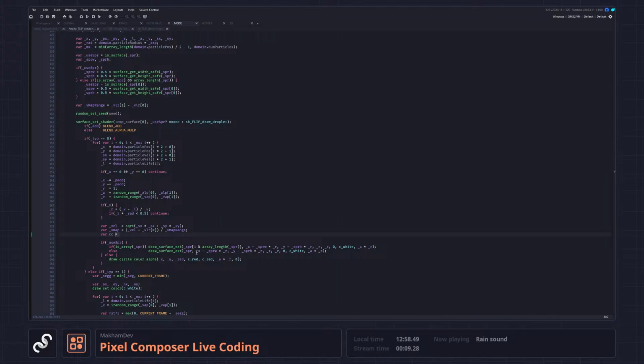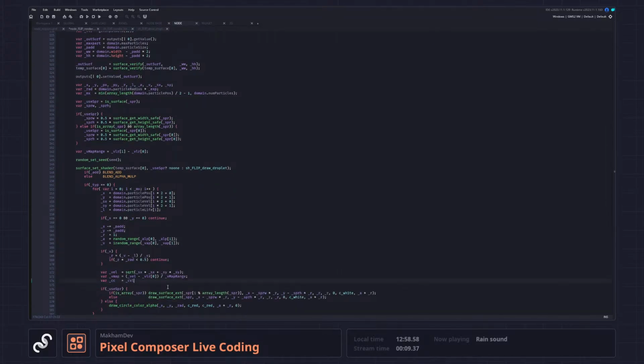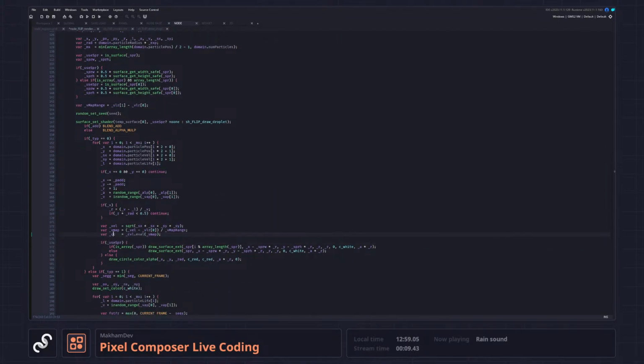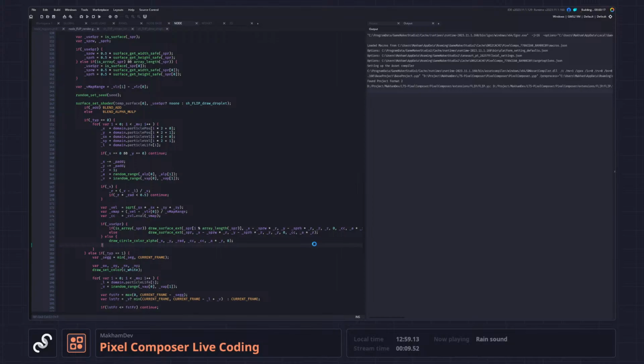I see. The color here would equal CVL evaluate at V map. Like that. Let's see.